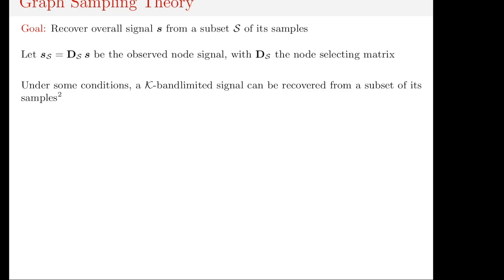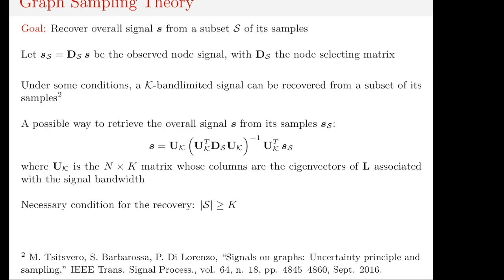You can reduce the number of electrodes that you need to implant on the brain, because if the signal is band limited, you can recover the entire signal from the observation of a small set of samples. We can use this formula, a theory that has been developed in this work.